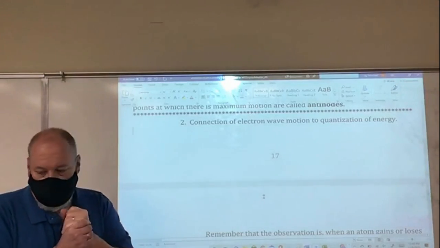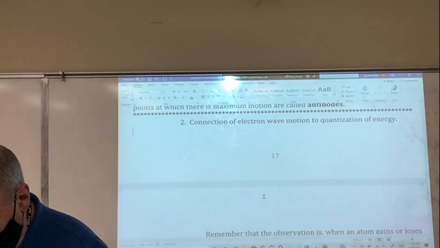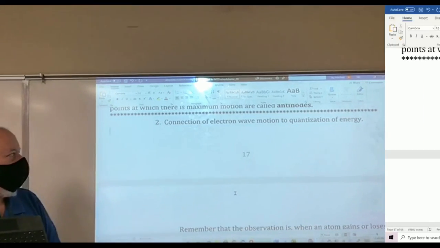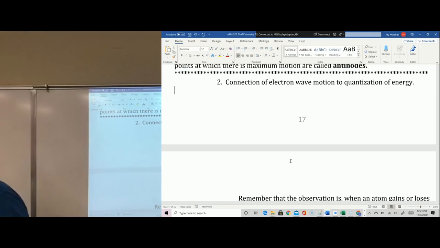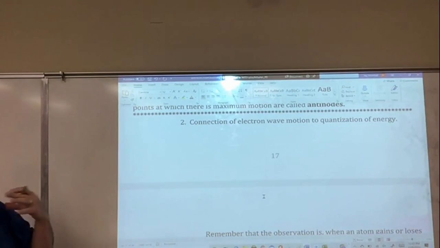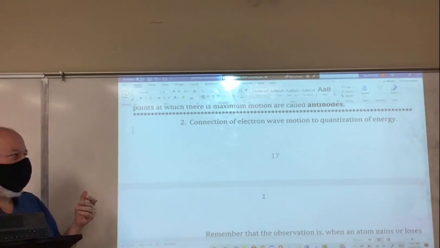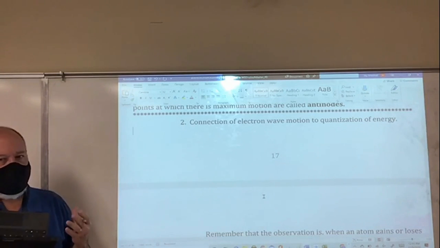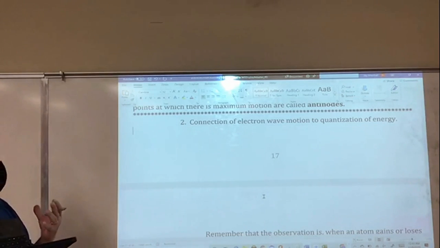So we had the discussion yesterday about waves and their importance related to this. And now we want to make a connection between the wave motion. And again, we're not really going to try and understand the detail of the waves, these three-dimensional electron waves. We're not going to try and understand that detail of what that might look like, or how to view it, or anything like that.